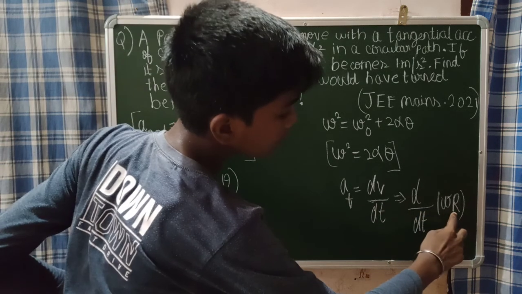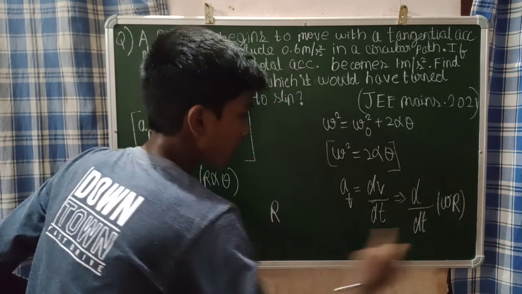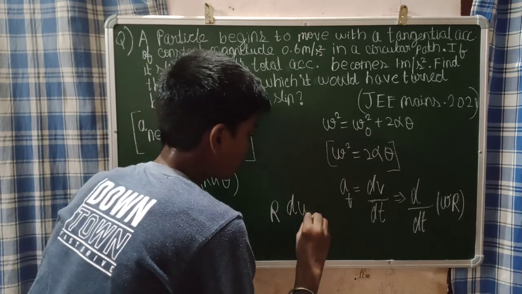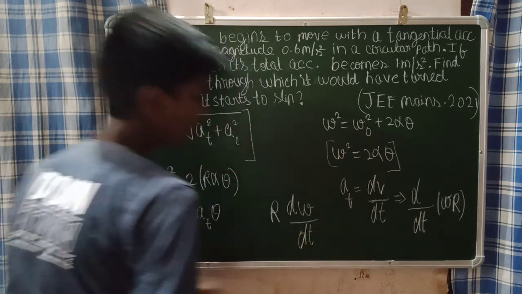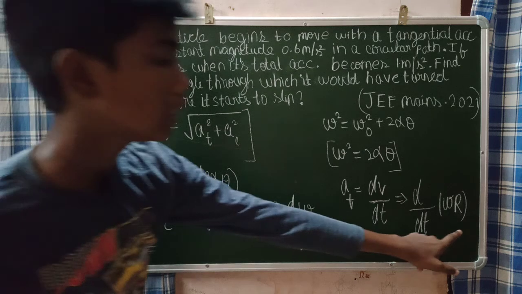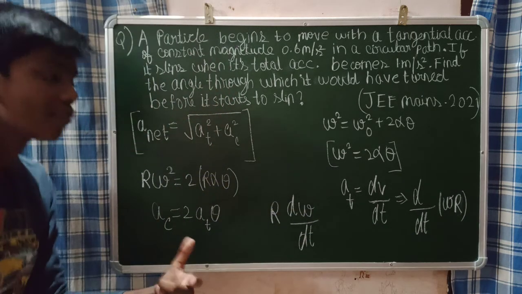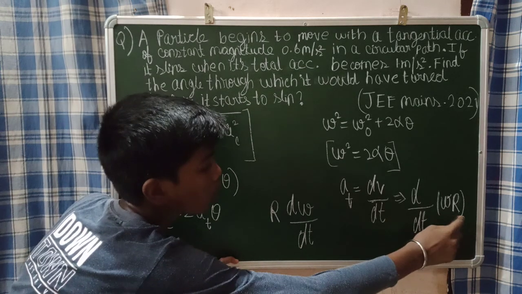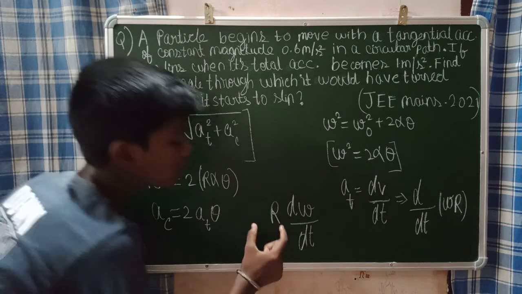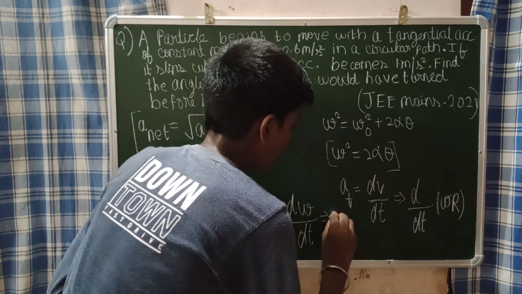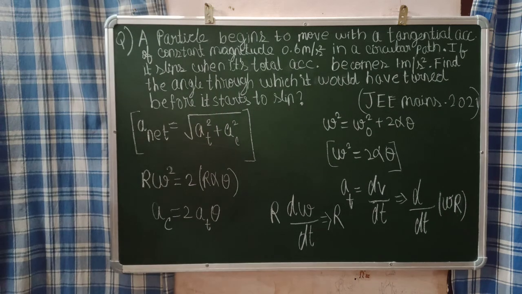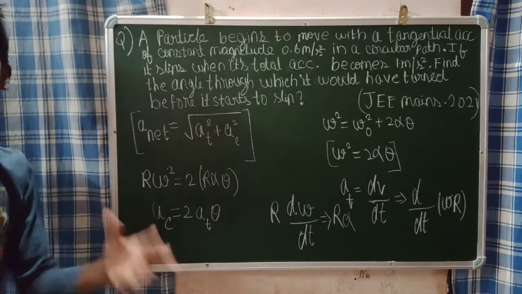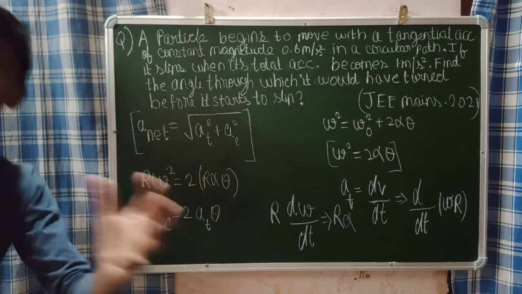Now from this, I'm going to take this radius r outside the differential coefficient, because it is a constant. When I take it out, I will be left with r into d omega by dt. And d omega by dt is nothing but alpha, angular acceleration, because angular acceleration is defined as the rate of change of angular velocity.